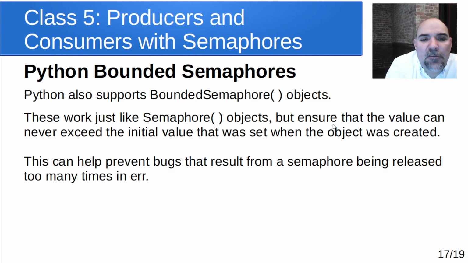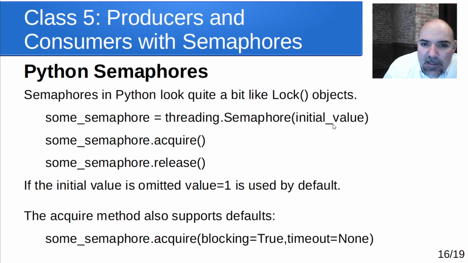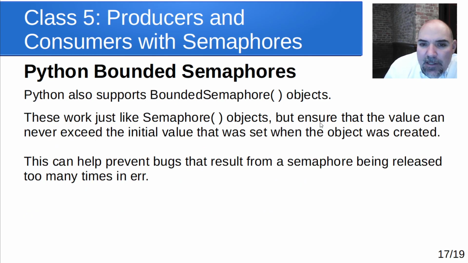Now, Python also supports what's called a bounded semaphore. And they work exactly like semaphores with one exception. And that is that when you create the initial value for a bounded semaphore, that's the maximum it could ever be. You could never have more resources than that maximum.